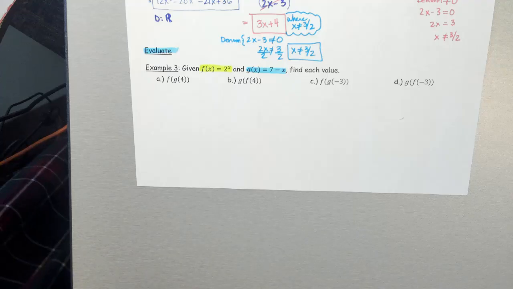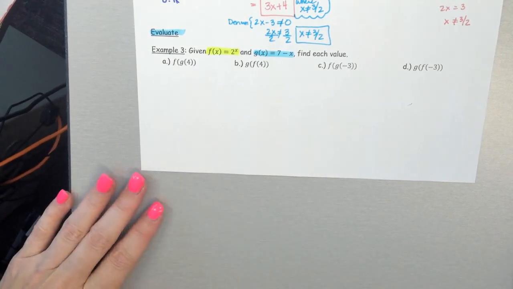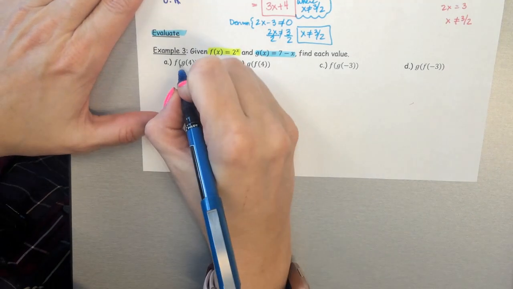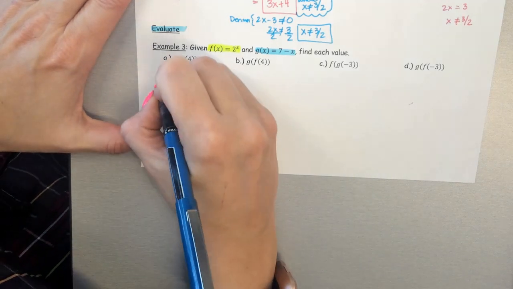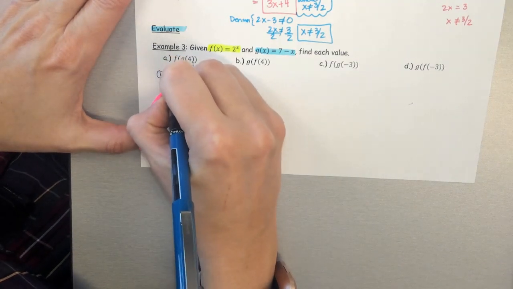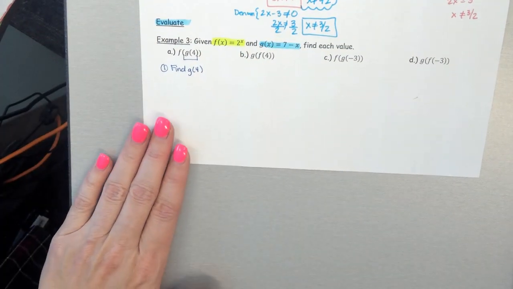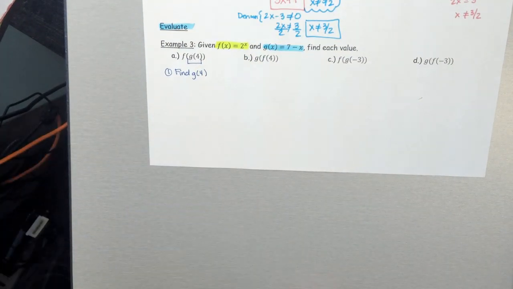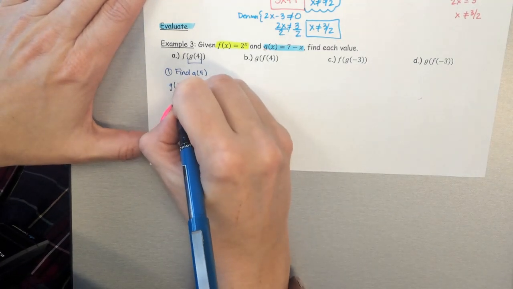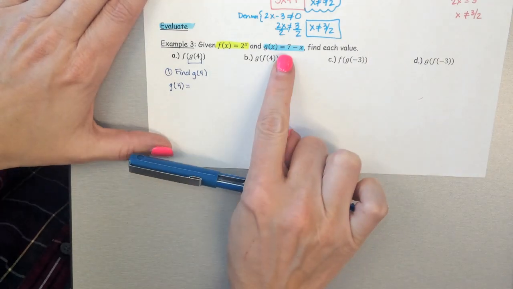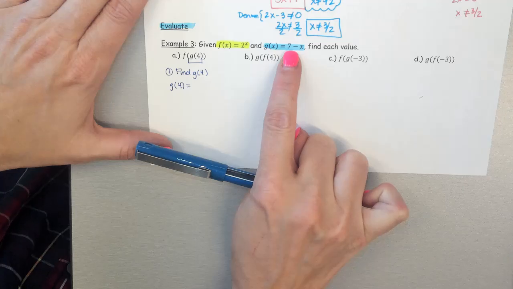Okay, so when you are doing these, what you can do is work your way from the inside, and you can evaluate g of 4. The first step is to find g of 4, and then we are going to substitute that back into our expression. Remember, when you're finding g of 4, all that means is you are plugging in 4 for what part of this equation?